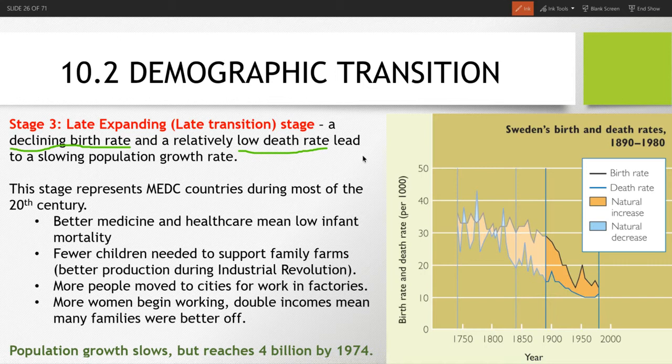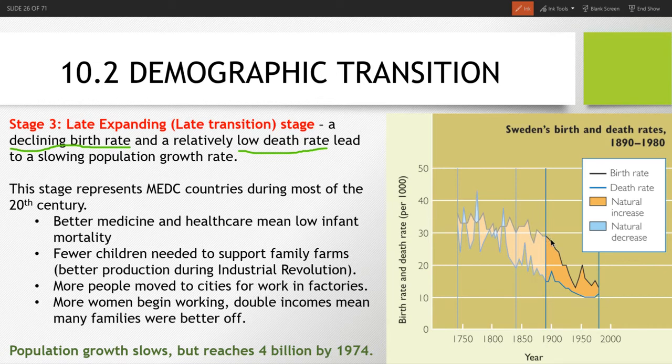Okay, and if we look at our graph over on the side here, if we look at what was happening with Sweden, this is characteristic of Sweden up to about 1980, in the 90 years from 1890 to 1980. So we can see here that the death rate continues to decline somewhat, okay, until it falls down to around about 10 deaths per 1,000 people.